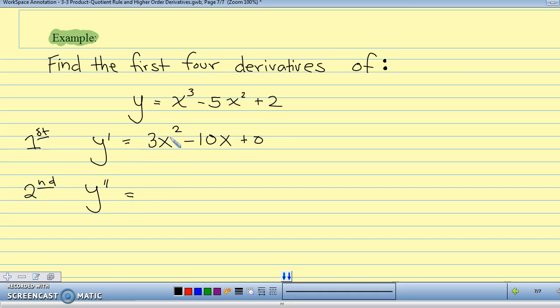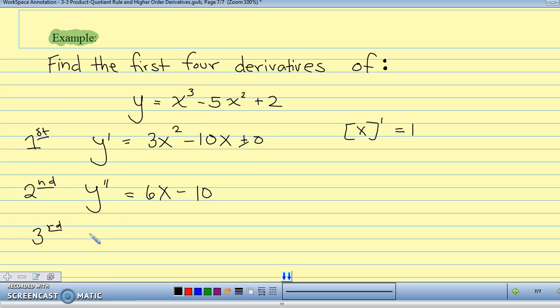So we can do this in our head. We're going to bring that down. The 3 times the 2 will be a 6x. Now, taking the derivative of x is just 1. So negative 10 times 1. 0 is just 0. It's not even there anymore.